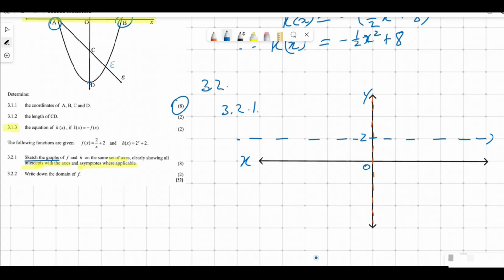And then the next thing that we're going to do, we're going to sketch our graph looking at the value of a. A is what? A is positive, so our graph is going to be mostly in the first quadrant and in the third quadrant. Do you remember that?